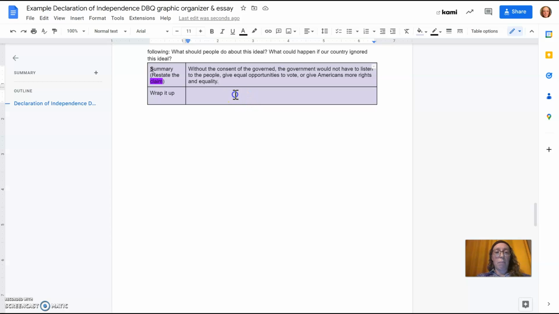Now I need to wrap it up. So some things to do to wrap it up. There's a couple questions up here you're welcome to use. What should people do about it? Well, what could happen if our country ignored this ideal? I actually kind of put the what could happen if our country ignored it right here. If that's going to be my main point, then I need to go on and add a little bit more here. Conclusions don't have to be super long though.